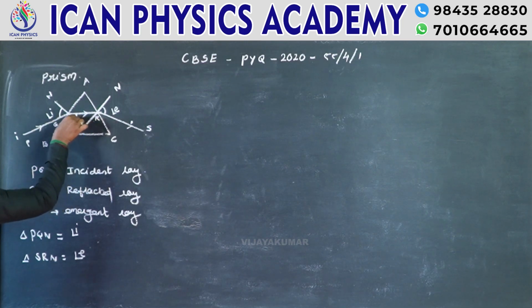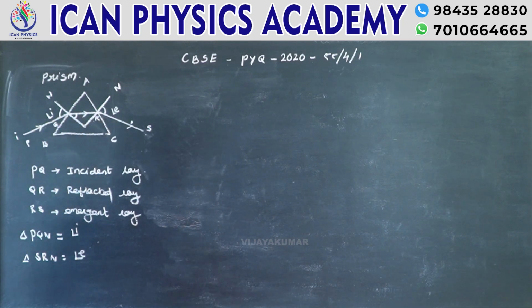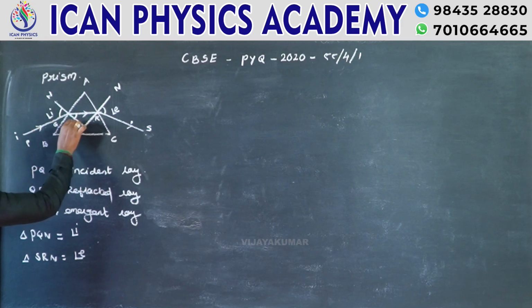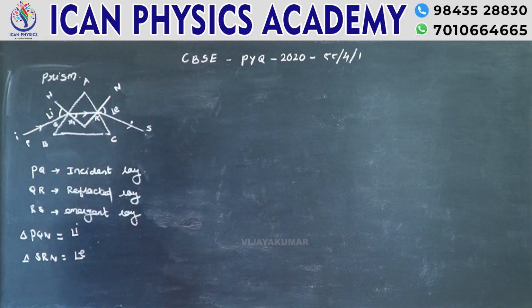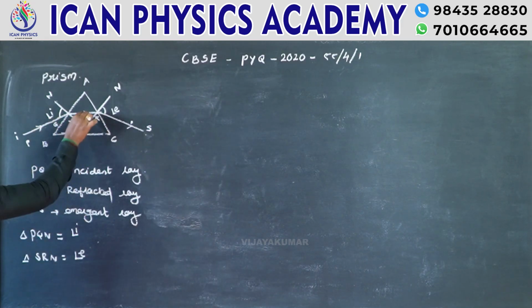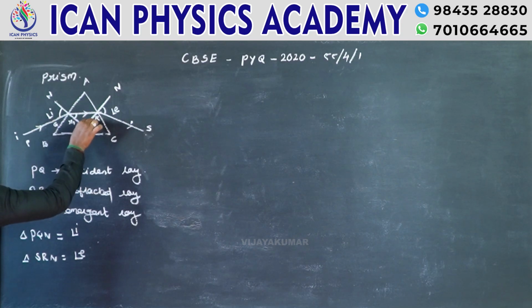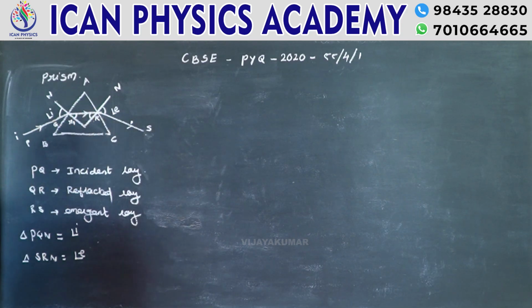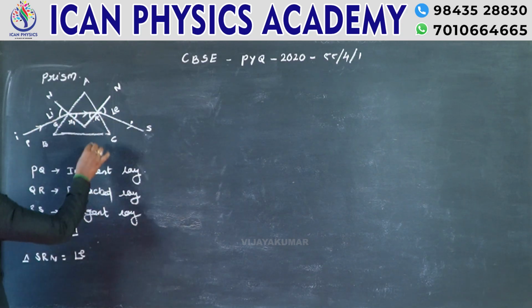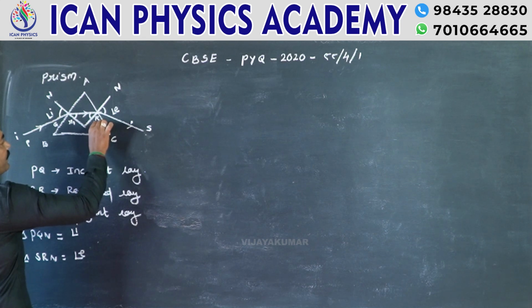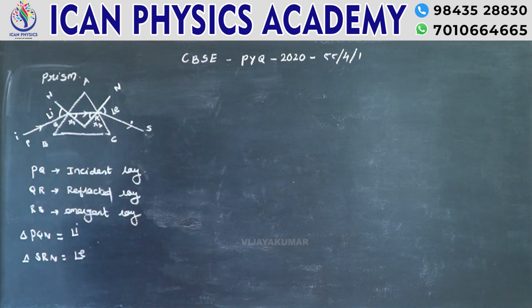The angle between the normal and the refracted ray is the angle of refraction R1. Here also it's a refracted ray, and this is the normal. The angle between the normal and the refracted ray is called the angle of refraction R2.